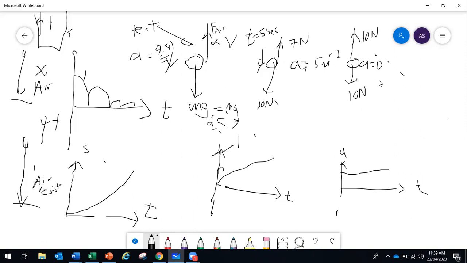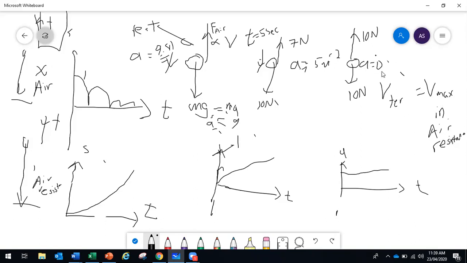V terminal means the V max ever achieved by an object in air resistance. Remember, terminal velocity is only relevant where there is air resistance. If there is no air resistance, you won't achieve terminal velocity. You just keep on going down with an acceleration of 9.81. So the term is only involved when there is air resistance.